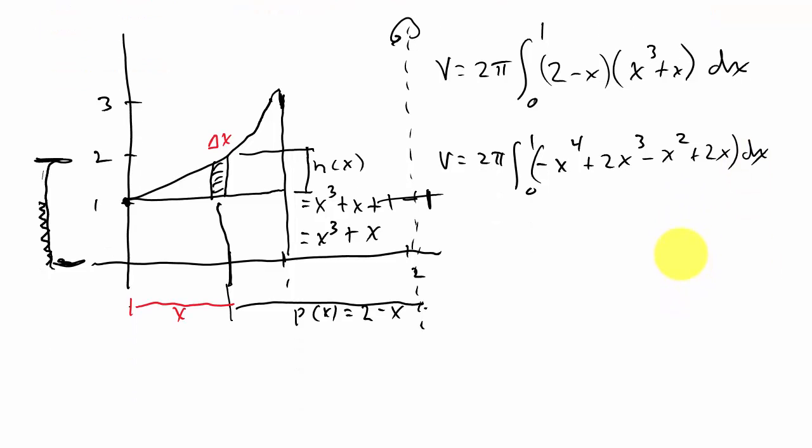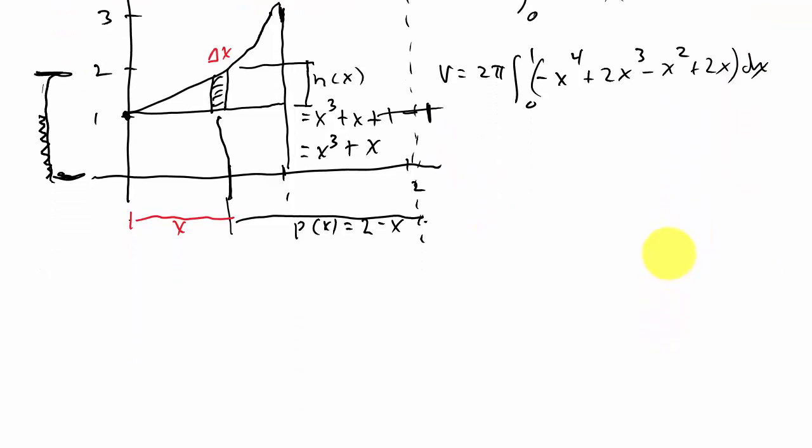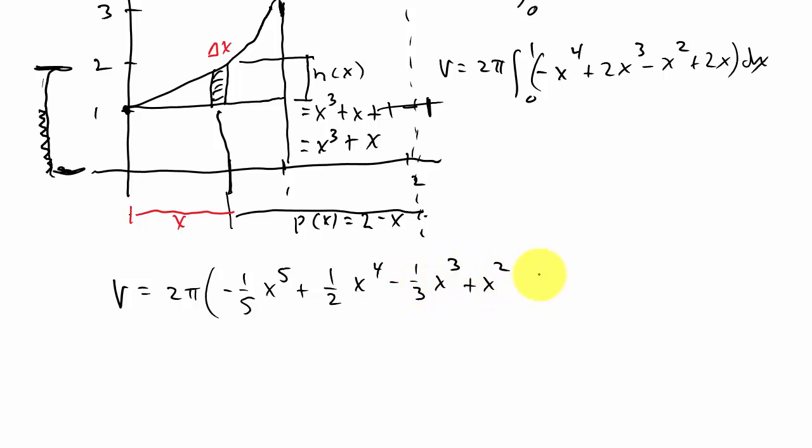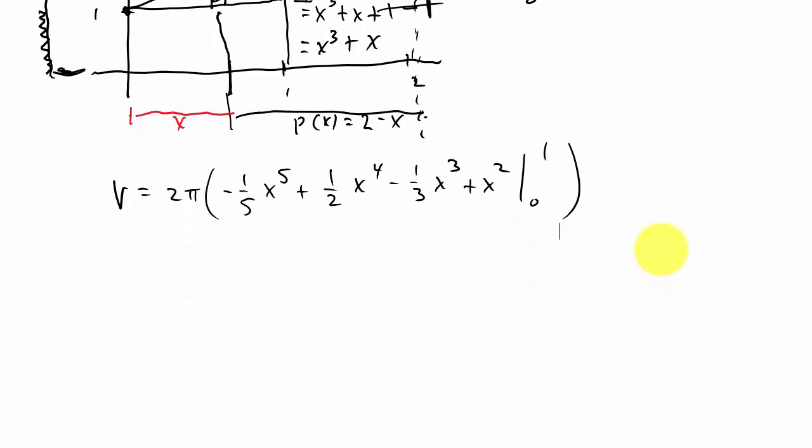So let's integrate this. So the volume is 2 pi times negative 1/5 x to the 5th plus, and that's going to be a 4 when I add 1 and then divide by 4. So that's going to give me 1/2 x to the 4th minus 1/3 x cubed plus x squared. And that's going from 0 to 1.